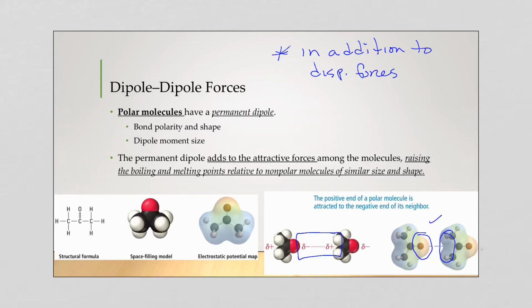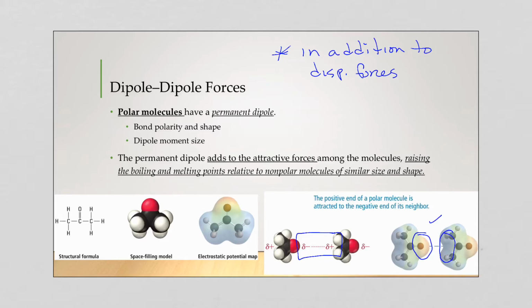Now, again, how do we think about the strength of these? Well, the size of the dipole. One of the ways that we measured dipole, we did a couple ways: difference in electronegativity, and dipole moment.